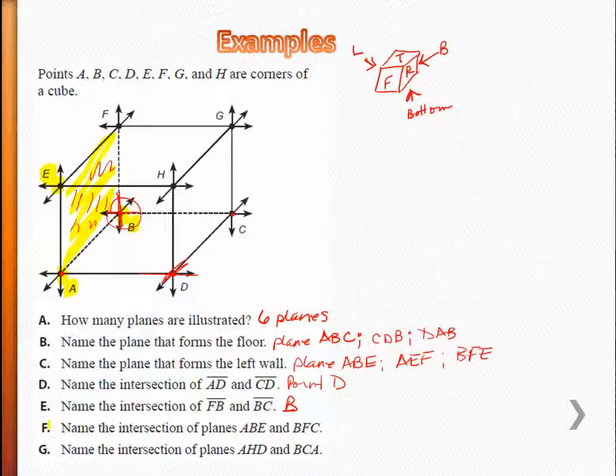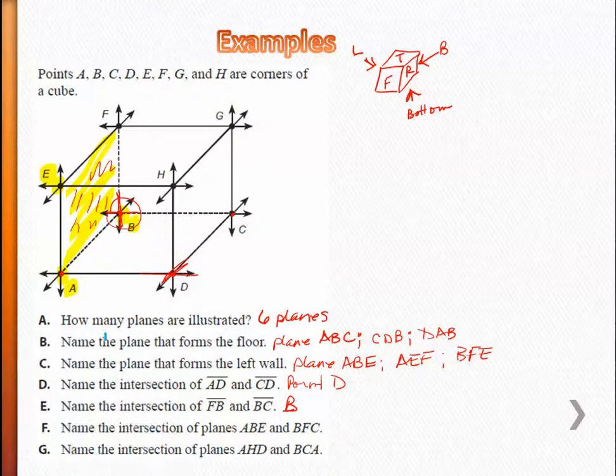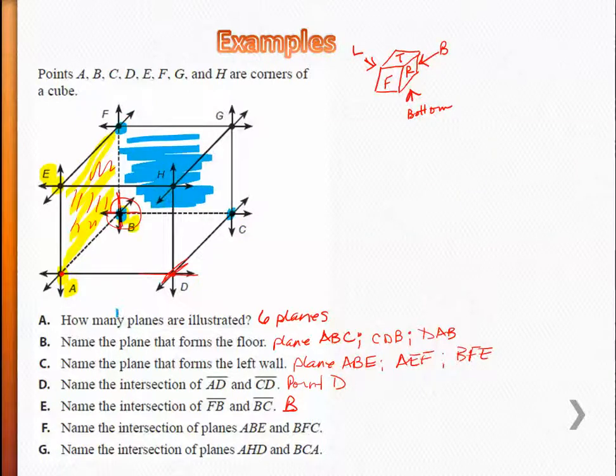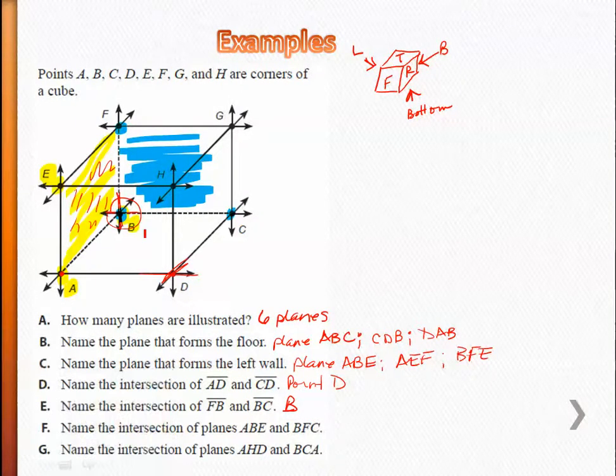And then BFC, let me change the color of my highlighter. I'm going to change it to this blue, and BFC. So here's BFC. It's going to be this plane in the back. Okay, so it wants to know the name of that intersection. And remember, wherever two planes intersect, it's always a line.